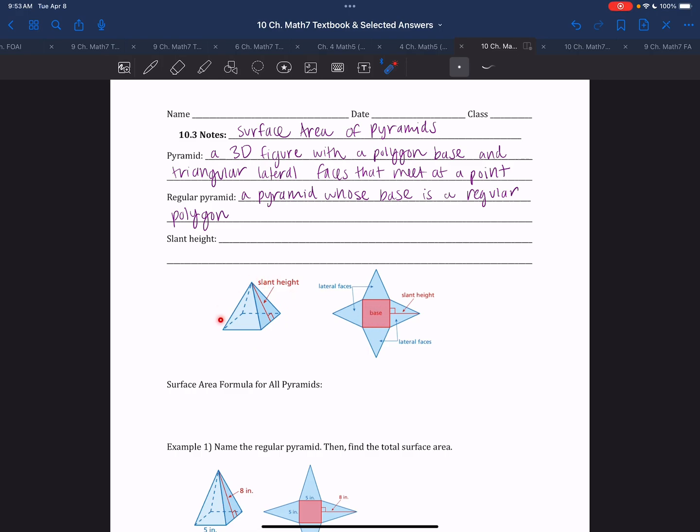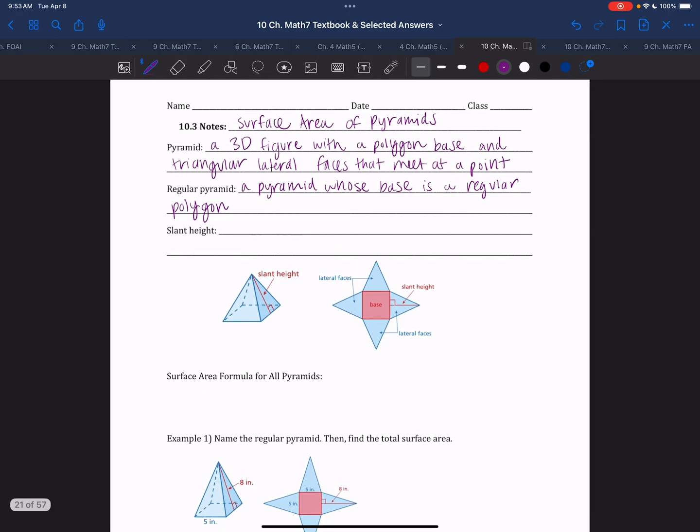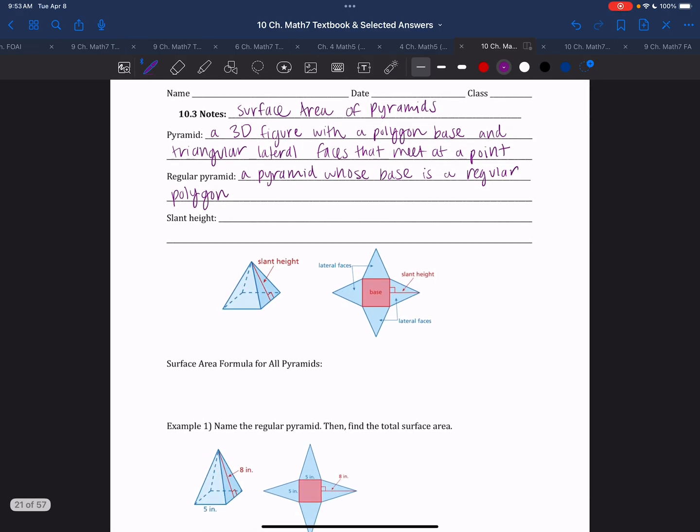So if you look at this picture right here, the height is at a slant. So that's why we call it a slant height. So the definition is the height of each triangle of a pyramid.